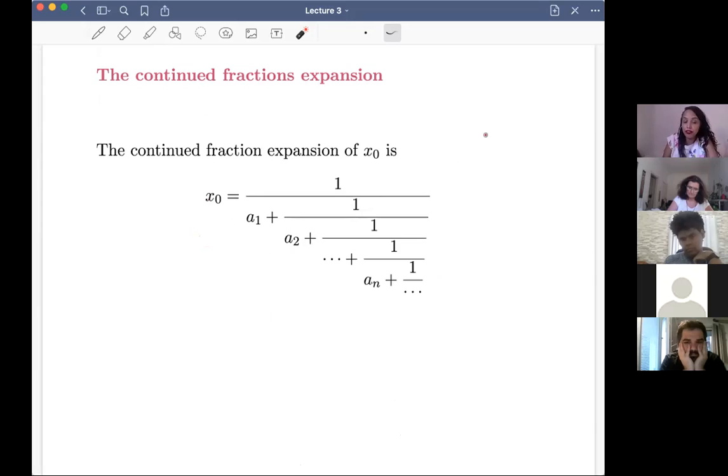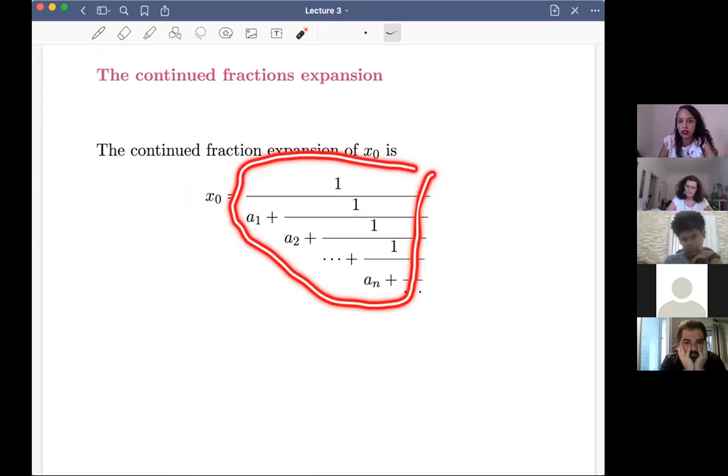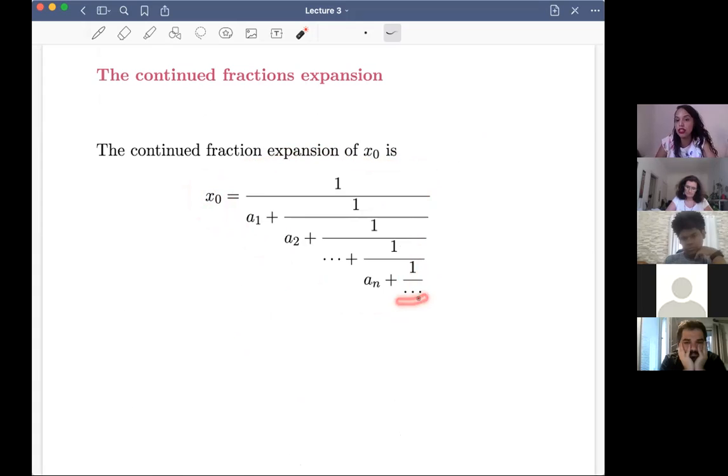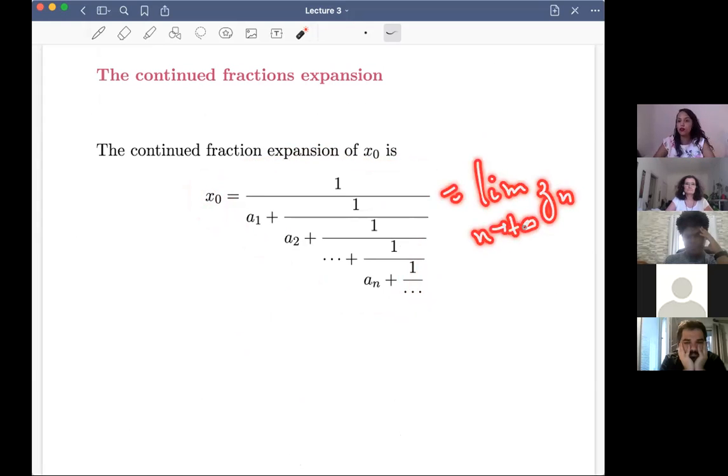The notation is like this: you write x0 equal to this, and then you put the three dots at the end to say that x0 is the limit of the sequence Zn without these three dots. So the three dots say that it's the limit of Zn as n goes to infinity.